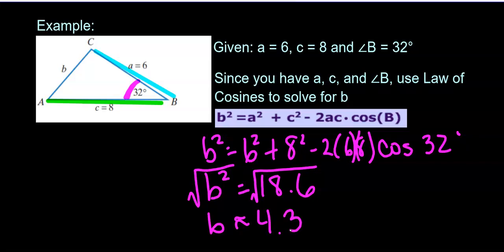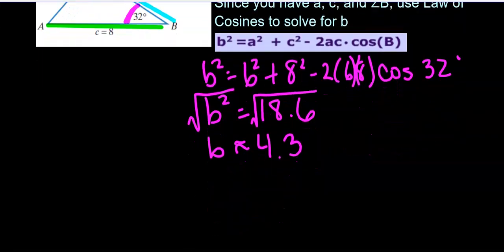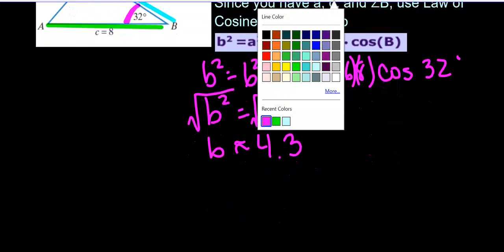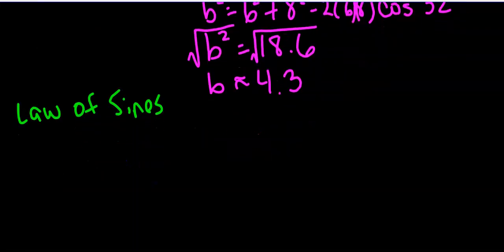Now I have angle B and the length of b. Now I can solve for angle A using the law of sines. So this part is where we end up using the law of sines. How do we use the law of sines?